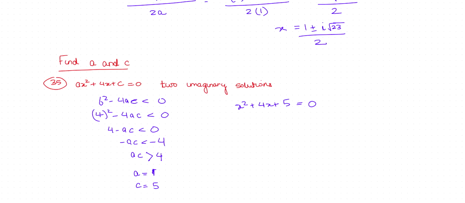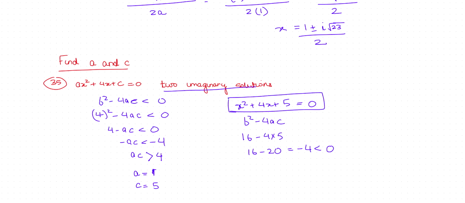So now if we find b square minus 4ac, this will be 16 minus 4 times 5, so it will be 16 minus 20. So it is negative 4, which is less than 0. So we will have two imaginary solutions. So this is one of the equations. There may be many equations which will give this, but this is one of the equations which will give two imaginary solutions, given b is 4.